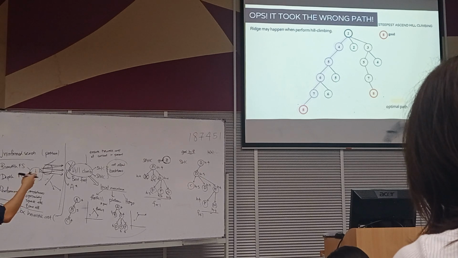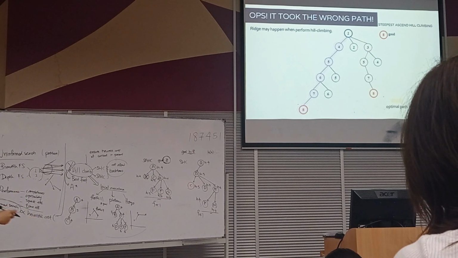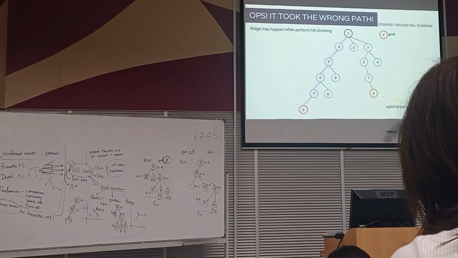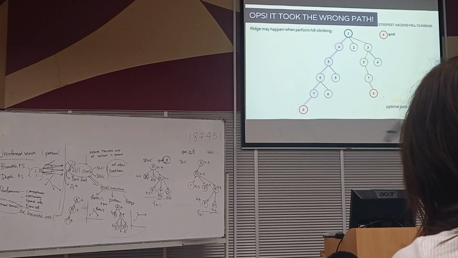But due to the nature of choosing the best one, you may miss out the path that will give you the optimal solution. Right? Like in this case, 3 is actually the path that gives you the optimal solution. But due to the nature of the steepest hill climb, you choose the best one. You follow this path. Then you miss out the better one.